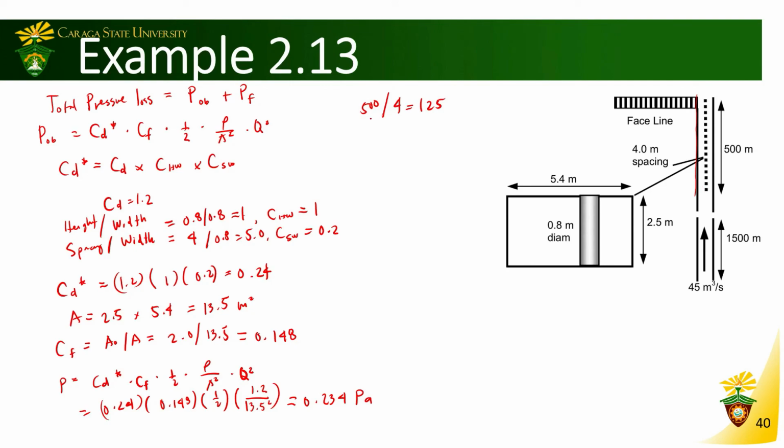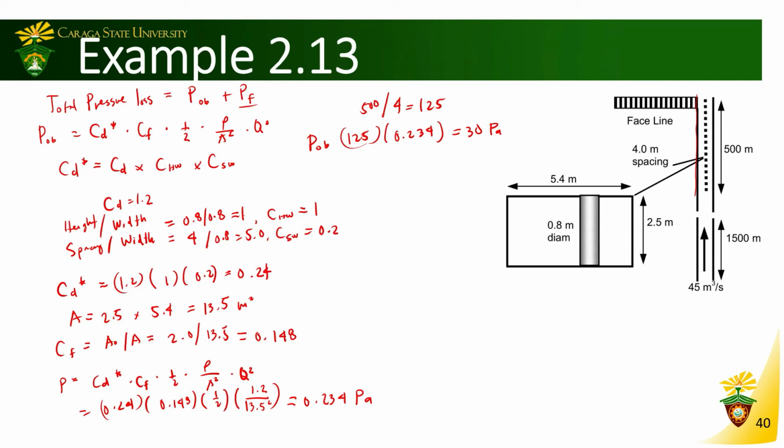So the pressure loss due to 125 pipe supports would be equal to 125 times 0.234, and that would be equal to 30 pascals. So that would be P sub ob for the obstruction. Next, we're going to calculate P sub F.